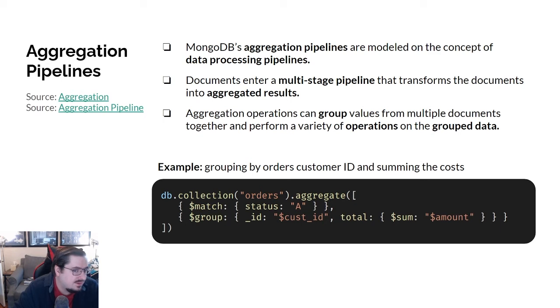You kind of think of it as an assembly line where everything's coming in, and you have different stages that it goes through. And each of these stages is going to do some sort of transformation on the array of documents that comes in. So whatever comes into that stage will come out a different way.